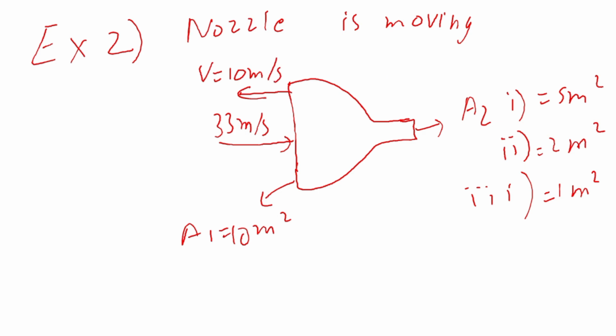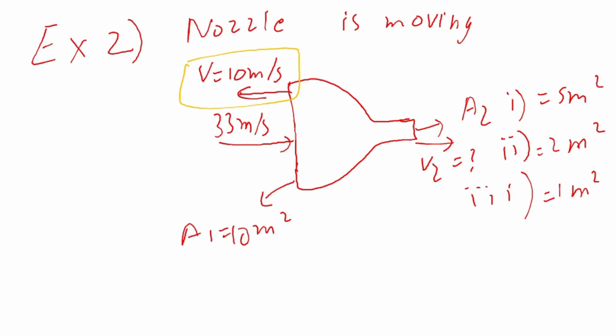It is moving against the direction of the incoming airflow. And essentially you need to find the velocity V2. That is the question. Everything is the same except that your nozzle is now moving with this velocity. So the whole point of this is to identify the control volume of this example.